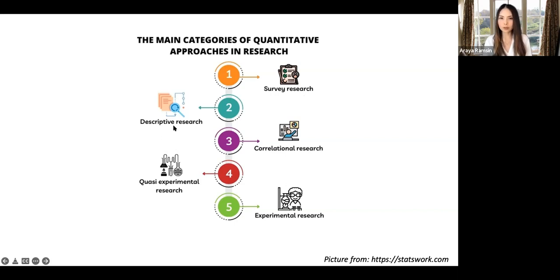Second one, descriptive research. And then correlational research, quasi-experimental research, and finally experimental research. Of course, I'm not going to be talking about all of them here. Today, we will look at quasi-experimental research and experimental research, because these two are quite similar.